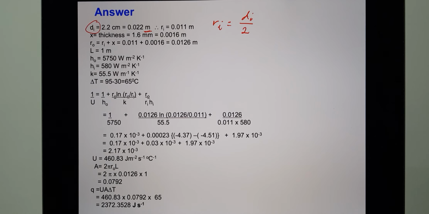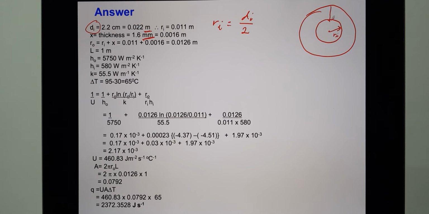In terms of the thickness, it is given as 1.6 millimeter. So you need to convert to meter, 0.0016. And then how to get the value for R naught? Again, I draw this one for you. For example, I have the tubing. From the center to this part is Ri.